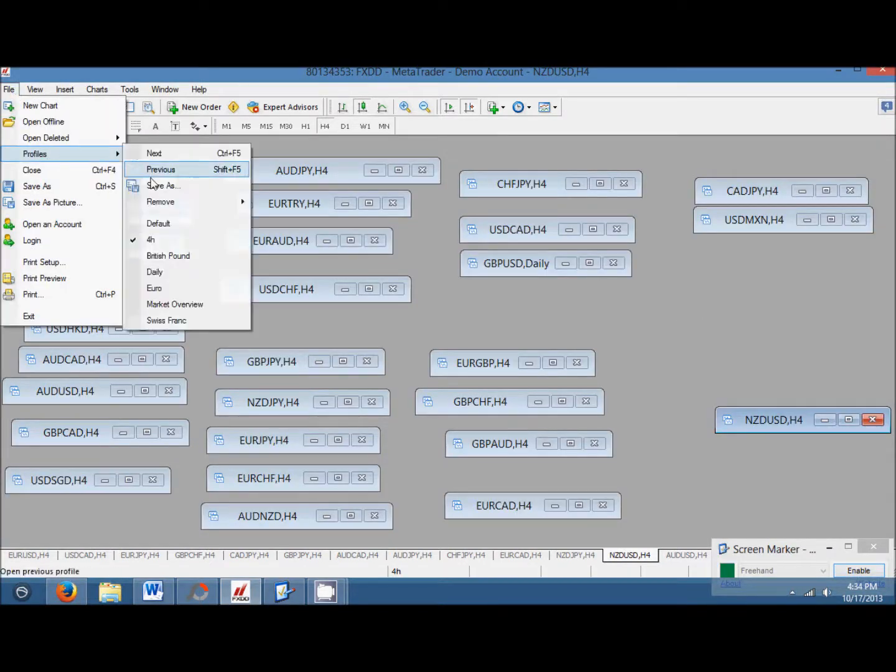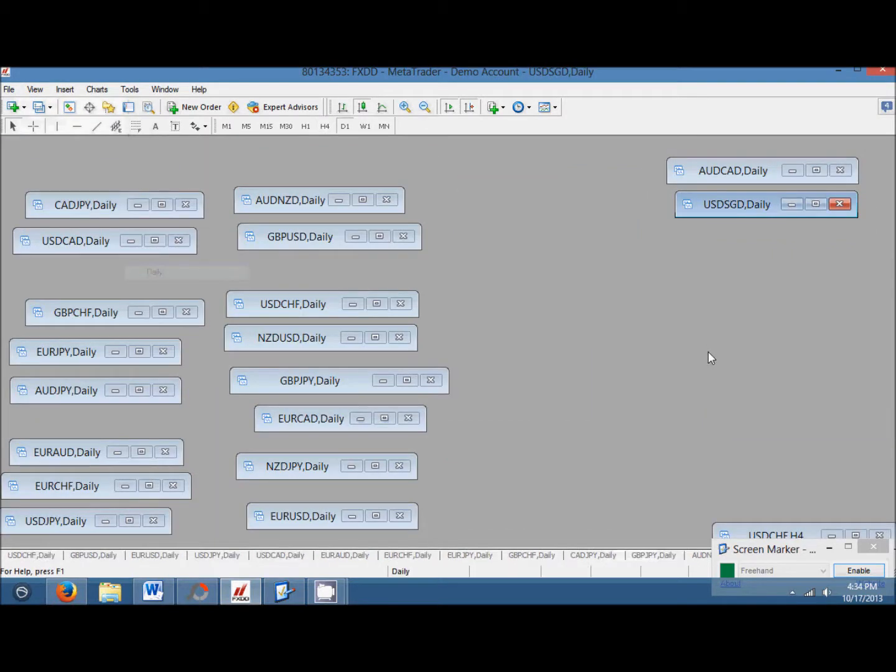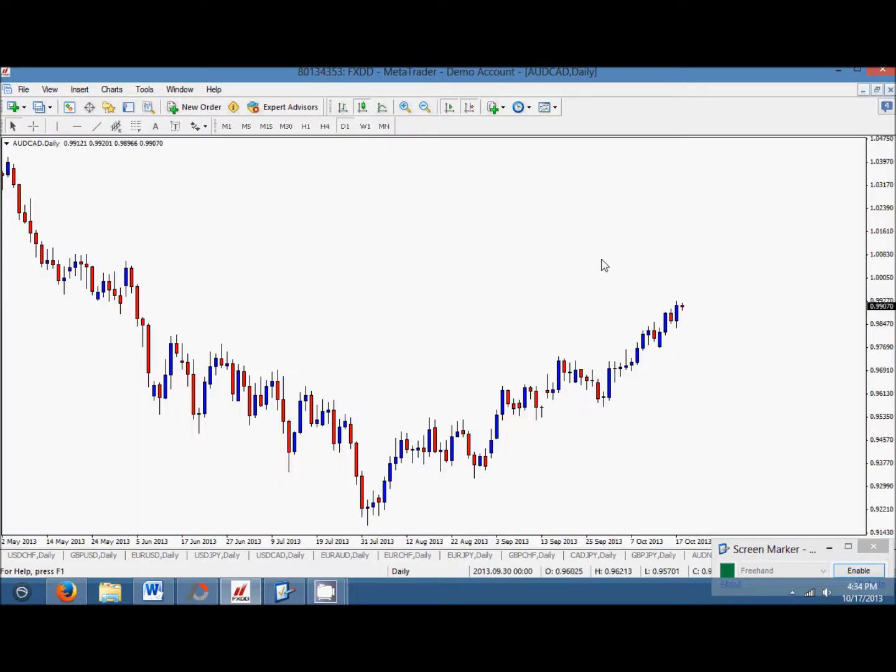Now I have two more charts on the daily charts. First one we're looking at is the Australian dollar Canadian dollar daily chart.